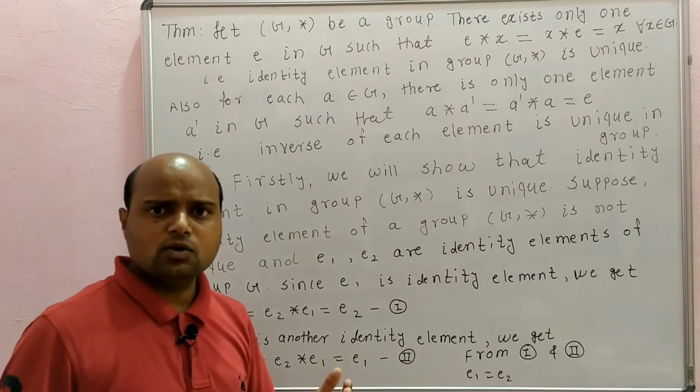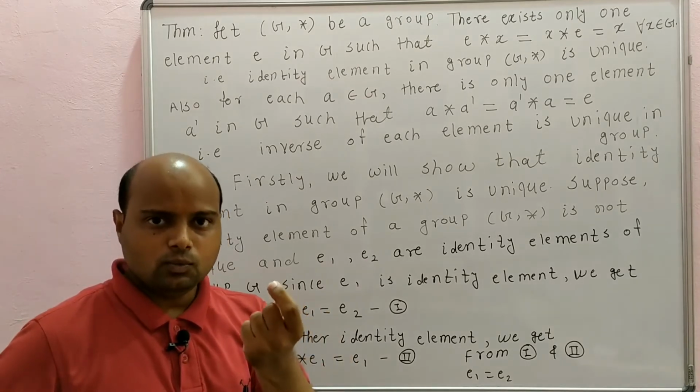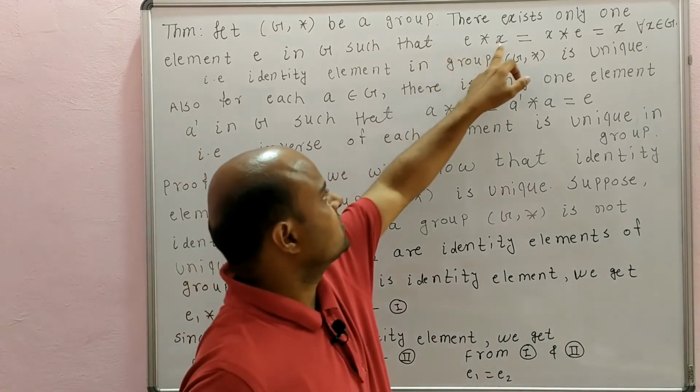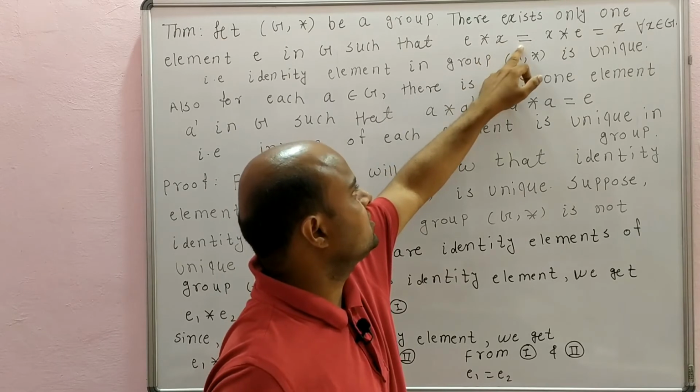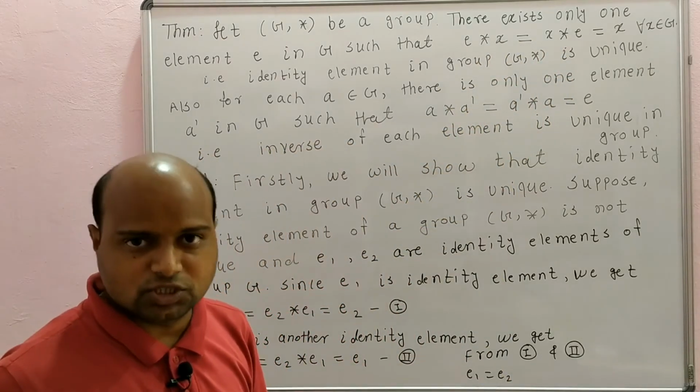It means you don't have two identity elements in any group G. You have only one identity element which satisfies this condition, E star x is equal to x star E is equal to x for every x in G.